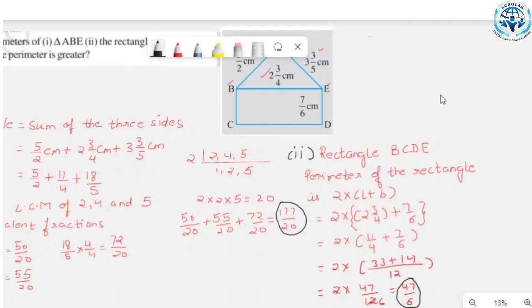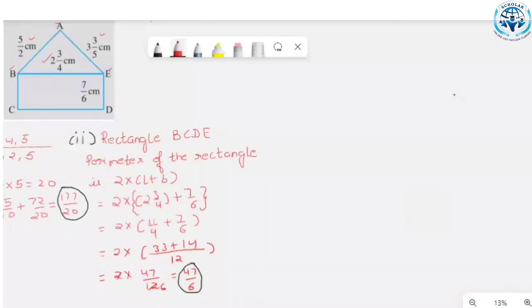Now compare the two perimeters, one of triangle, one of rectangle. To compare, we have to again convert them with the same denominator.